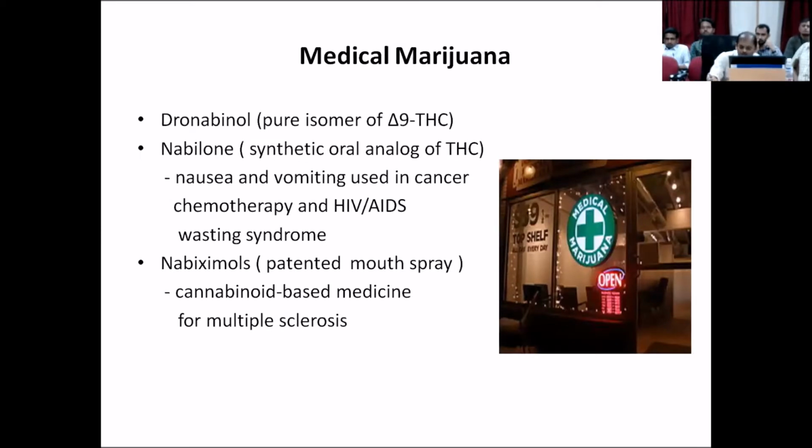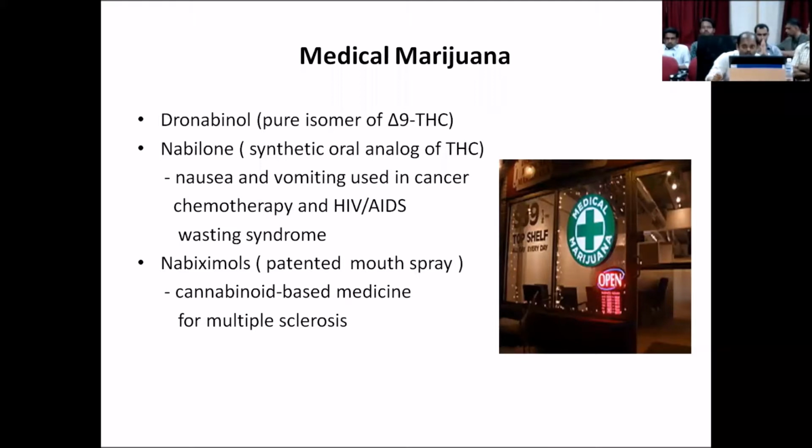Now, medical marijuana. As I said at the beginning of my presentation, from time immemorial cannabis was part of the pharmacopoeia. It has been used in the recent past for some illnesses, and in fact has been approved of late by pharmacological agencies of different countries, like dronabinol, which is a pure isomer of delta-9 THC, and also nabilone, which is a synthetic oral analog of THC.